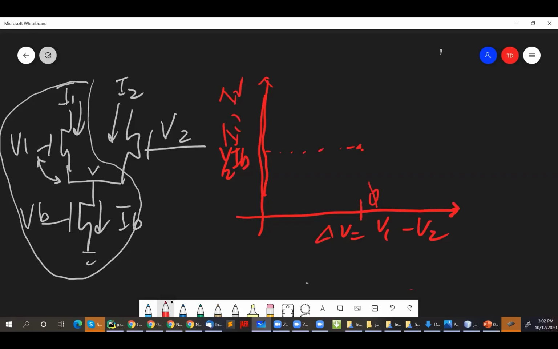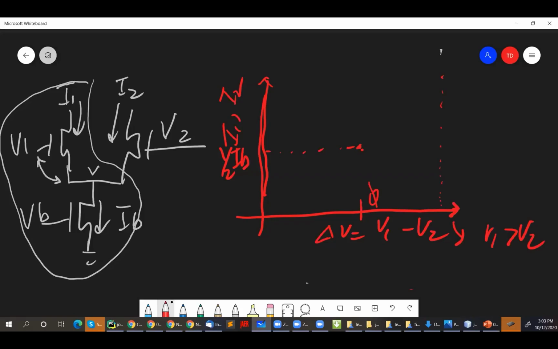Okay. All right, so then let's take I2. So what would happen here when I'm out here? So now here, let's say somewhere here. Remember, V1 now is greater than V2 at this point, right?